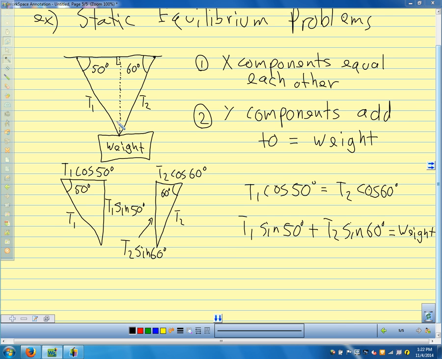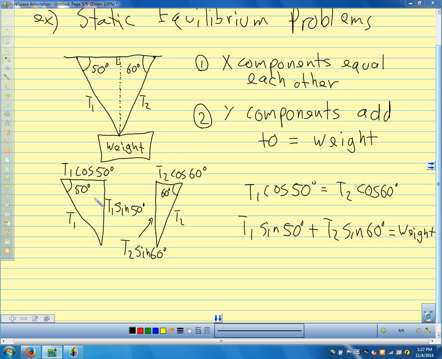So all of these problems, you're always going to set them up exactly the same way. The x components of the tension have to cancel each other, they have to equal each other, and the y components have to add together to equal the weight. Every single time you set one of these problems up, you set it up this way. Now, depending on the angles they give you, it might not be cosine 50, cosine 60, etc. If they give you a different angle, you would have to use that information to find the missing sides of your triangle.